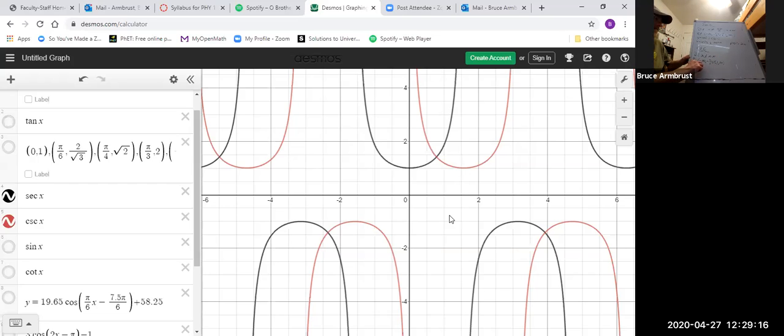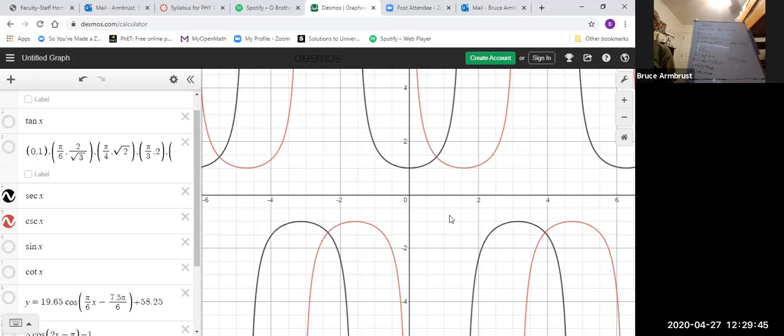The y-intercept, now there isn't one, because of the fact that there's an asymptote at 0. There still are no x-intercepts, and the period is still 2 pi. So just like the graphs of sine and cosine are related, and tangent and cotangent are related, secant and cosecant are related, they look like this.